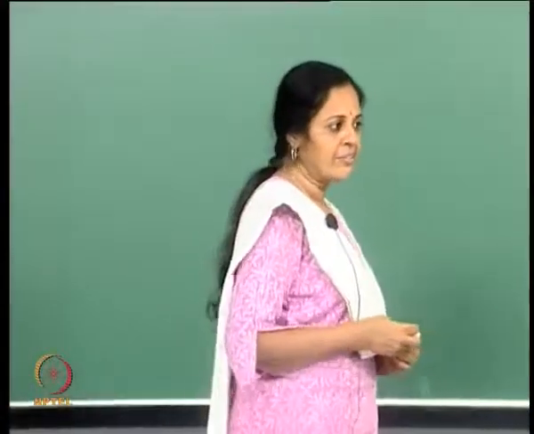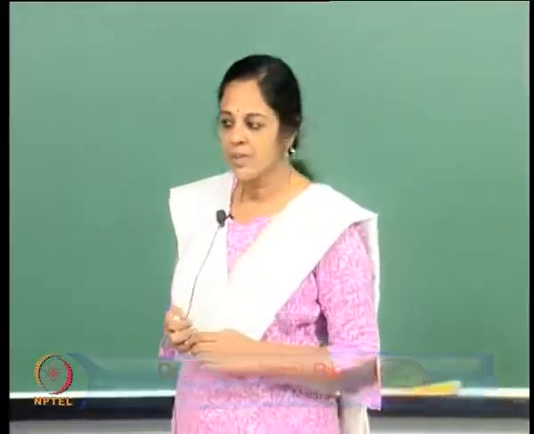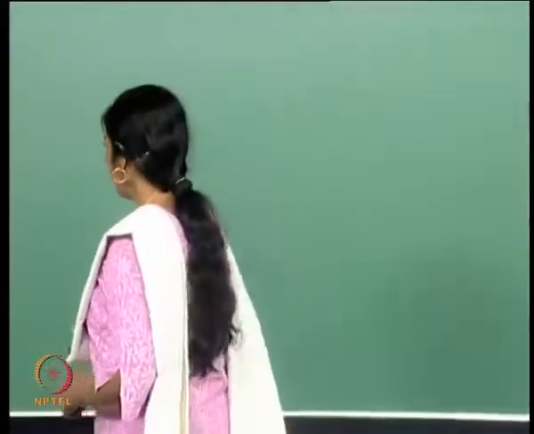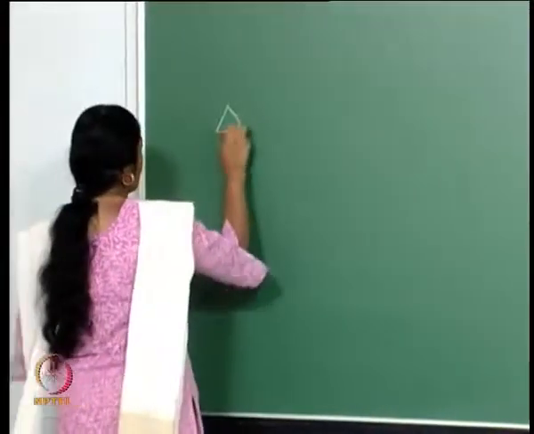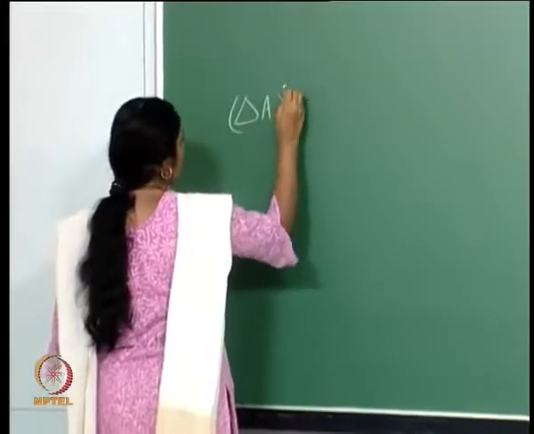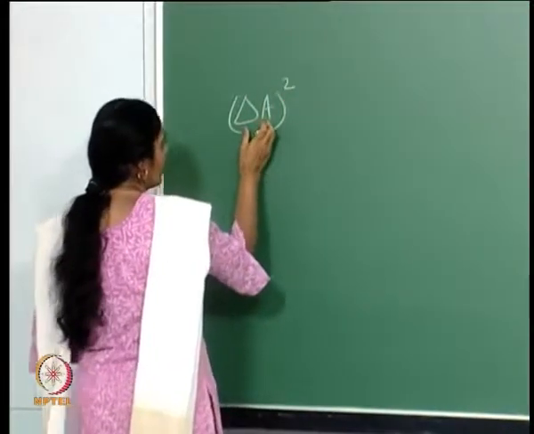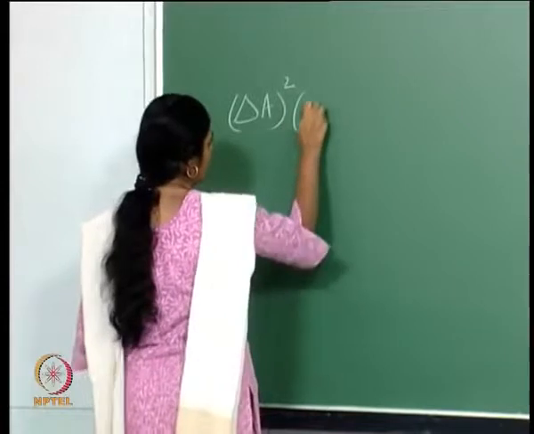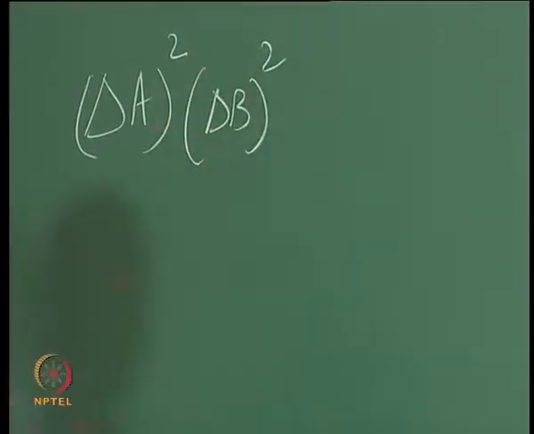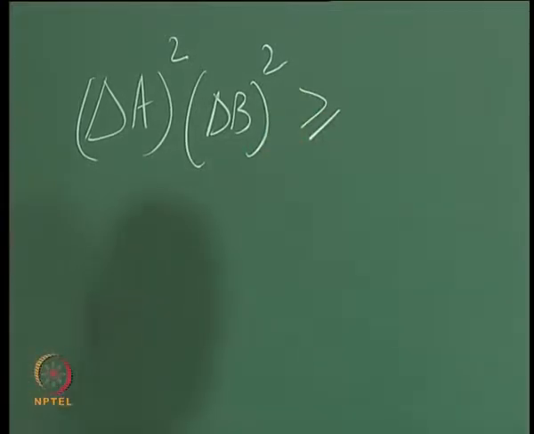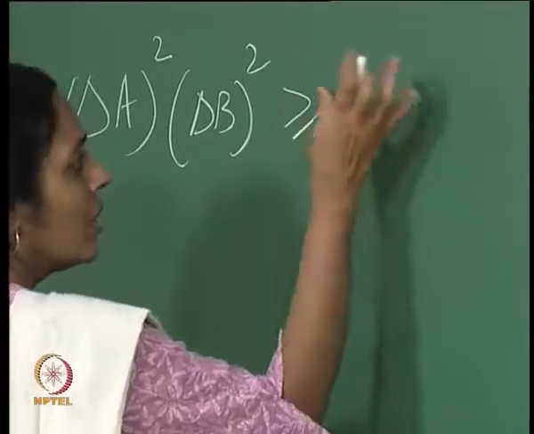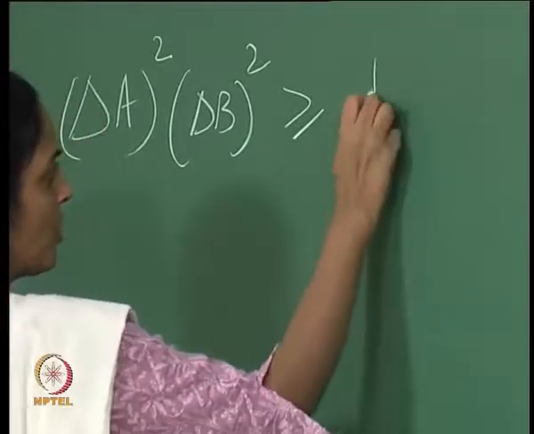In the last lecture that I gave, I discussed the general uncertainty principle, where we had the relation that the variance in the measurement of A times the variance in the measurement of B is greater than or equal to a right hand side with two contributions.